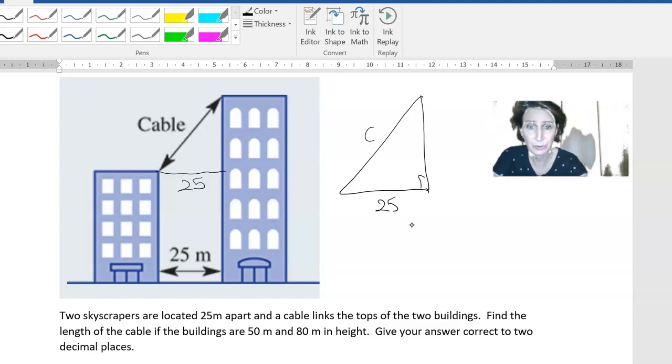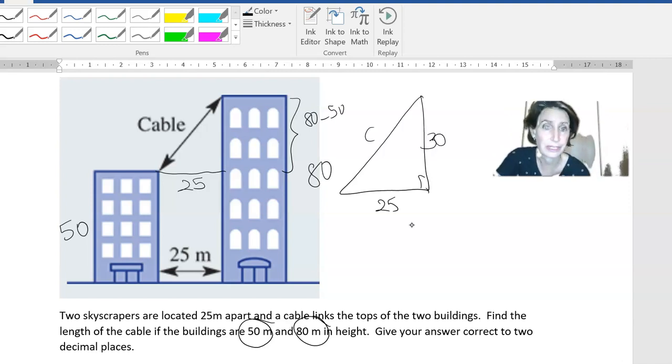And we've been told that one of the buildings is 50, and I'm going to guess that the shorter building is 50, and the taller building is 80. Here's our other bit of information. So this distance here is going to be 80 subtract 50. So that distance there is going to be 30 meters.